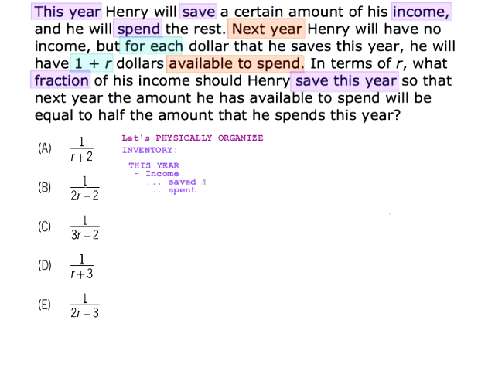So saved dollars, spent dollars, and a saved fraction. And then for next year, looks like all there is is the amount available to spend next year. That's not as scary as it looks in here.